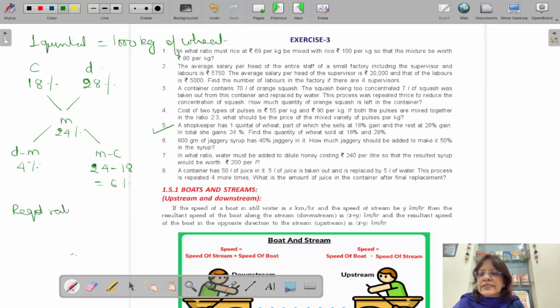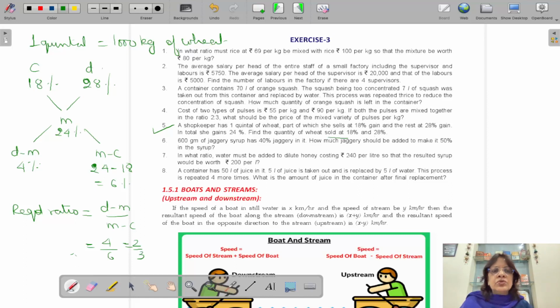Required ratio means quantity of cheaper upon dearer. The formula is D minus M upon M minus C. D minus M is 4 and this is 6. So we are getting it as 2 upon 3. Now, what is the question? It is find the quantity of wheat sold at 18 and 28%.